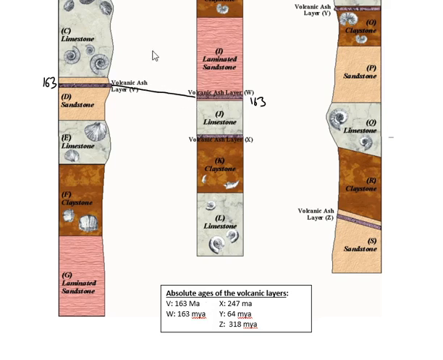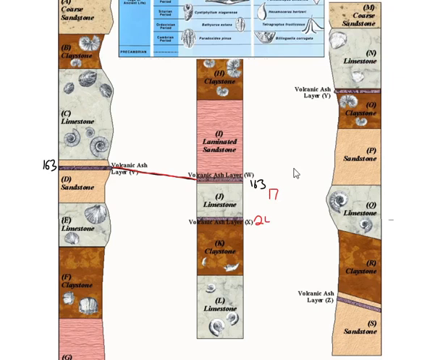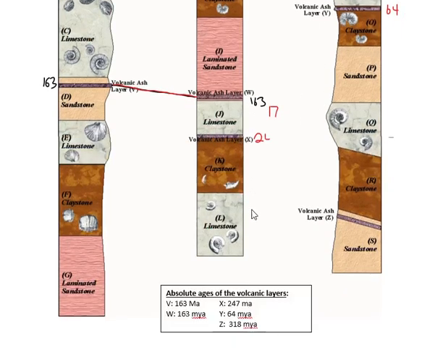Maybe I should use that red for the correlations. Okay, so there's a correlation right there because it's the same age. All right, now X is 247. So here's X, 247. Y is 64. Where's Y? It's up here. Okay. Z is 318.